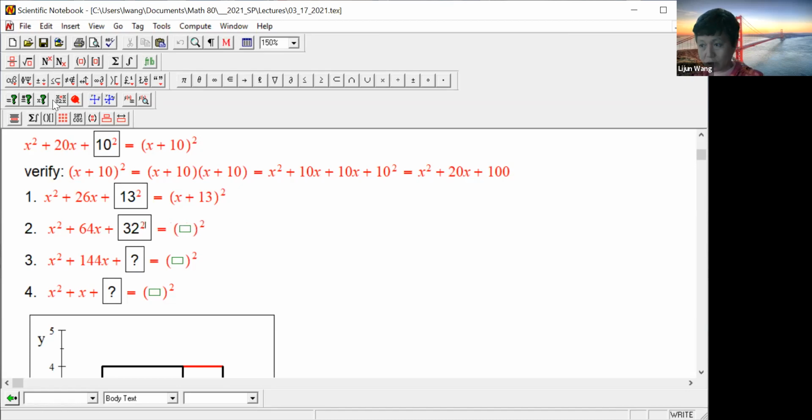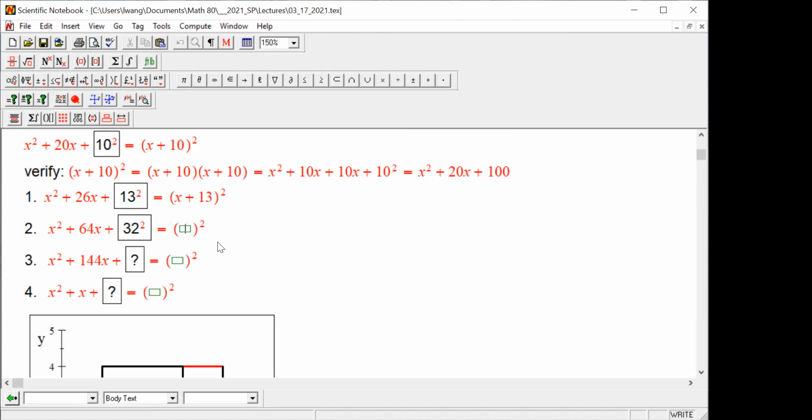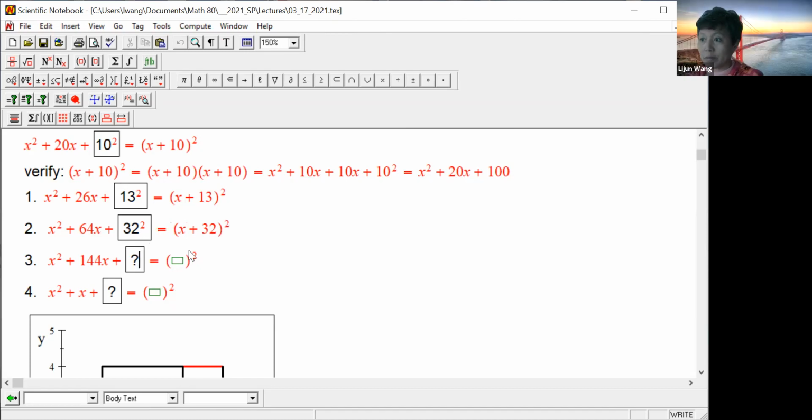That's right. Don't forget the square. If you don't have that square, it's not going to make it. So what is the perfect square? What is in the parentheses? Ellen, you can complete that. x plus 32. Perfect. Wonderful. We can verify each one of them, right?